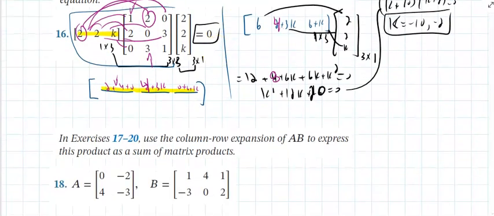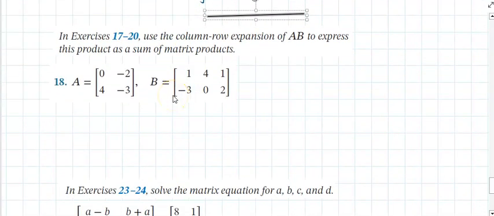And again, you could multiply in any order you want. It doesn't matter. And here we have the same deal. Let's see how this works. It says, use the column row expansion of A, B to express their product as a sum of matrix products. Okay, let's see what that means. You can ignore the directions on this one and just find AB for me.